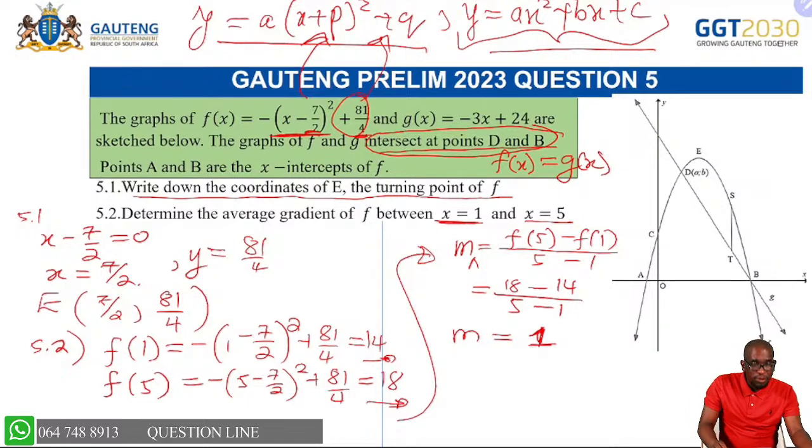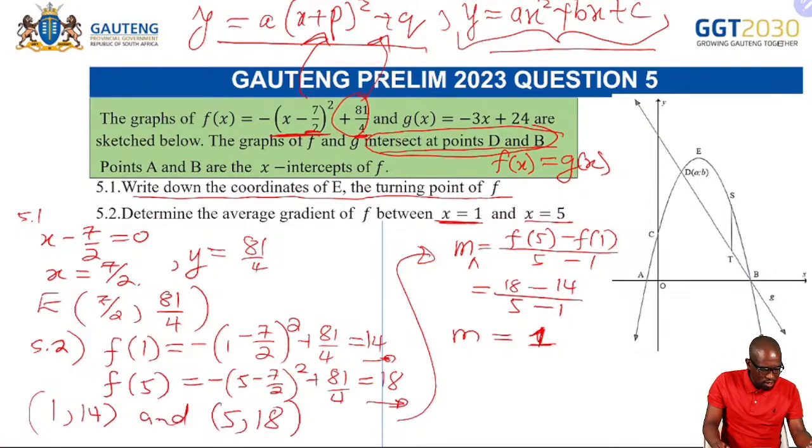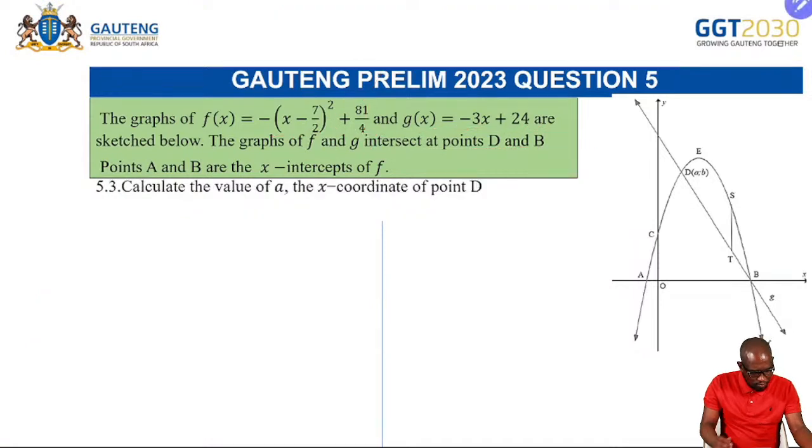So that's how you work out that average gradient. Remember, you were finding those points. If x is equal to 1, y would be 14, and if x is equal to 5, y would be 18. So you are using these 2 points to find the gradient, just your normal gradient that you are used to. Right.